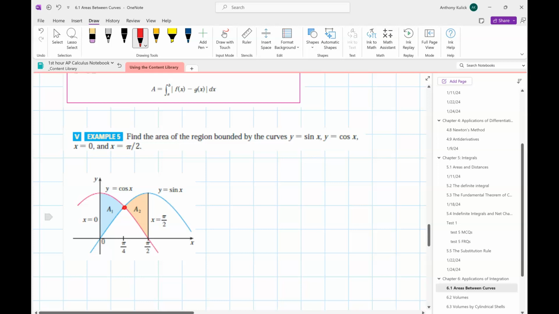Now, honestly, you could do this algebraically as well, if you didn't remember that. How do you solve this equation? Yeah, you divide both sides by cosine, and remember that that is the same thing as tangent.